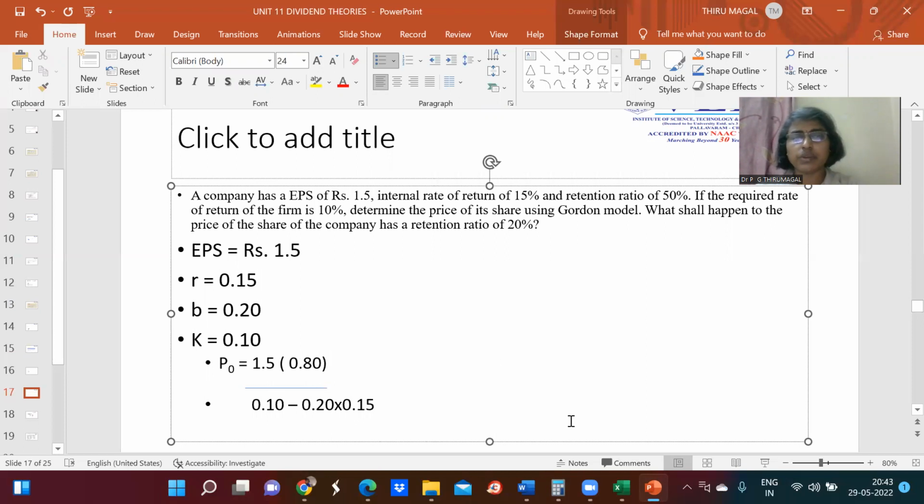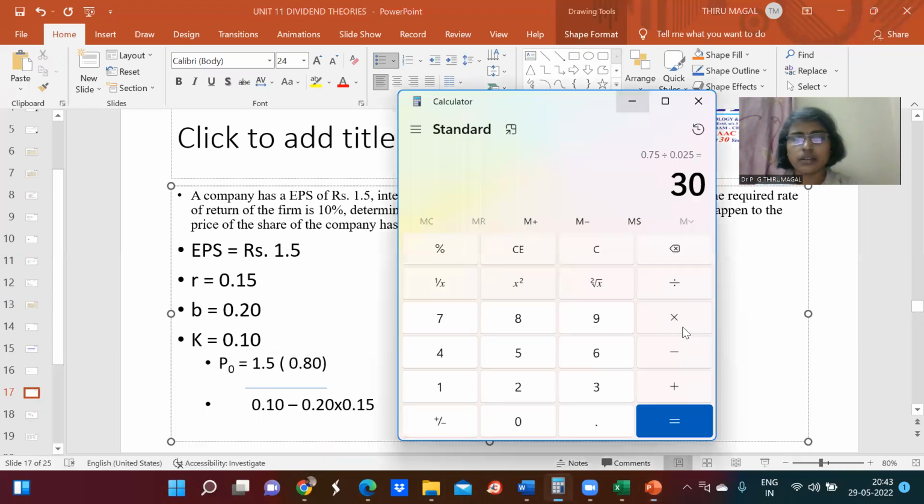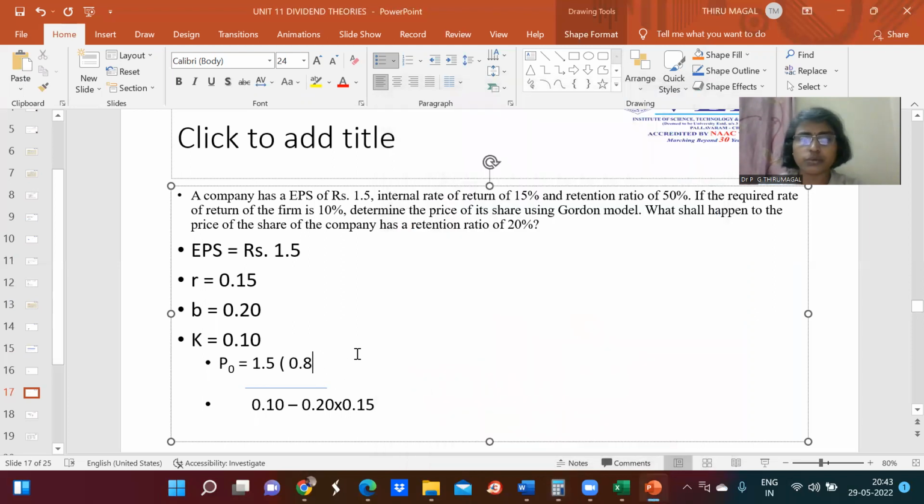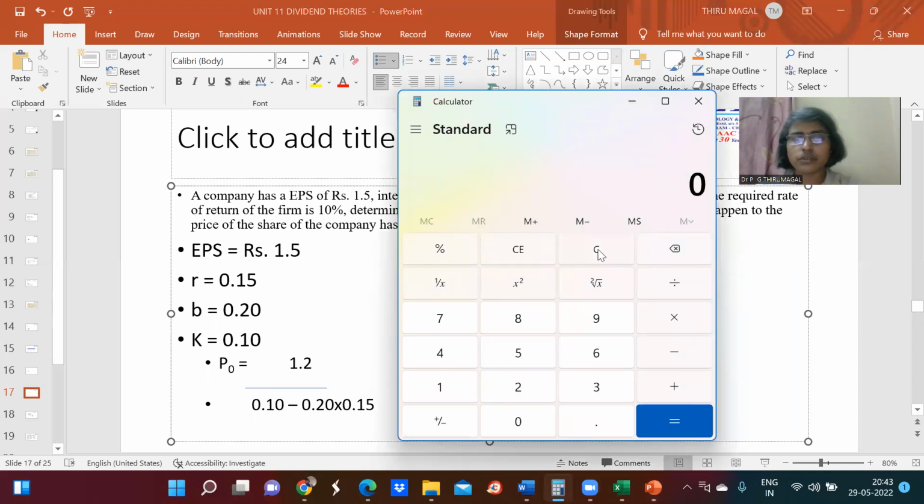So now we'll simplify this again. So 1.5 multiplied with 0.80. So the numerator value becomes 1.2, divided by the denominator. The denominator is 0.10. So before that we'll multiply these two. 0.20 multiplied with 0.15.